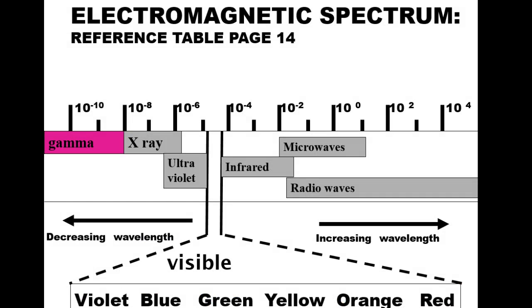And we see the waves with the crests from top to top. Again, if you turn to page 14 in your reference table, you see that the shorter wavelengths are the gammas, the X-rays, and the ultraviolet rays. Now, you know this because when you get X-rays at the dentist, you need to wear a lead cloth or an apron. That's to protect you from the X-ray radiation.